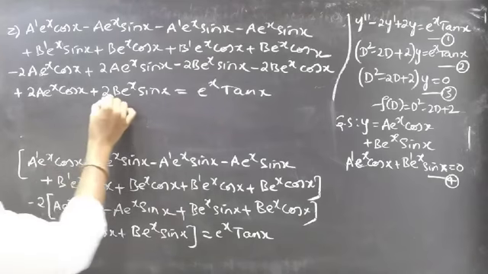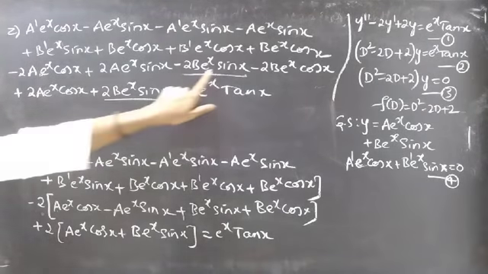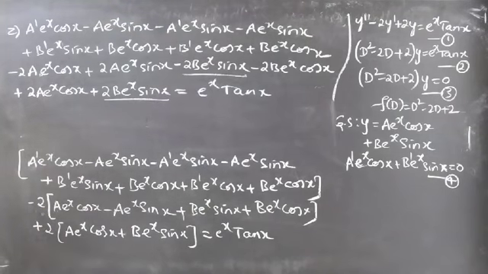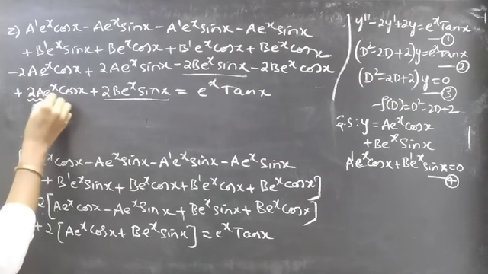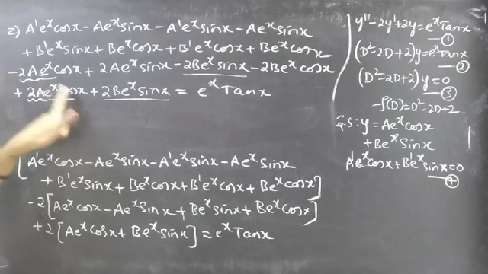Now cancel minus 2b e power x sin x and plus 2b e power x sin x, and plus 2a e power x cos x and minus 2a e power x cos x. Okay.